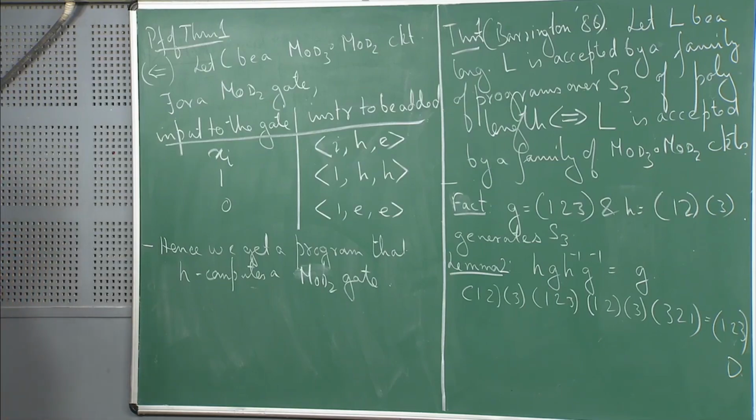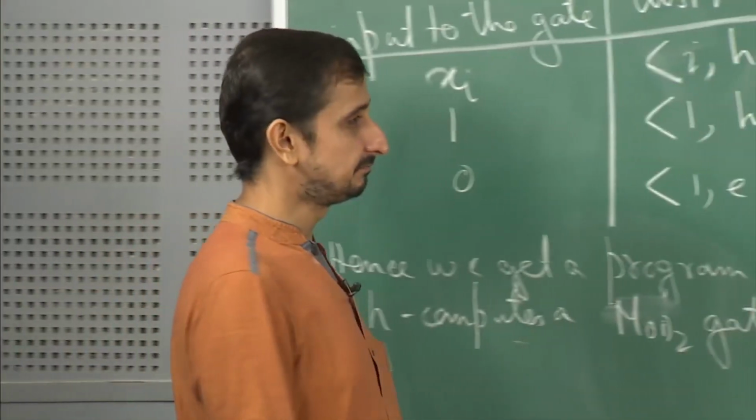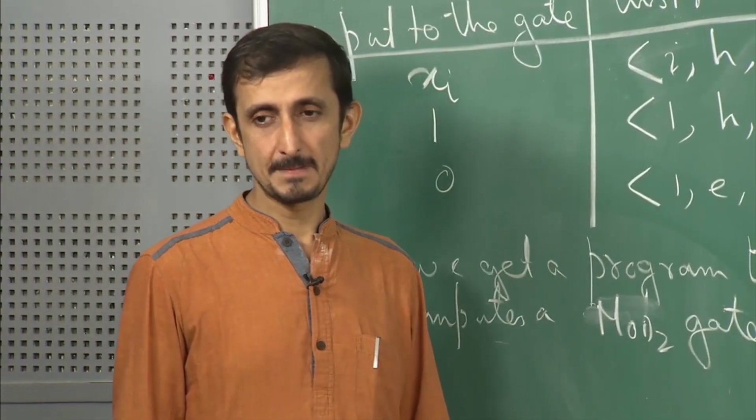What is the number of mod 3 gates? The number of mod 3 gates is 1, there is only one mod 3 gate, and the number of mod 2 gates is polynomial. So, S is polynomial in the number of inputs.